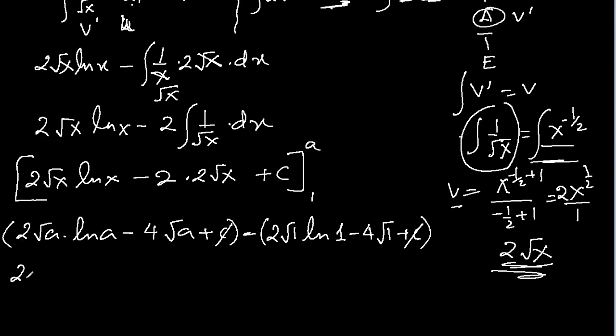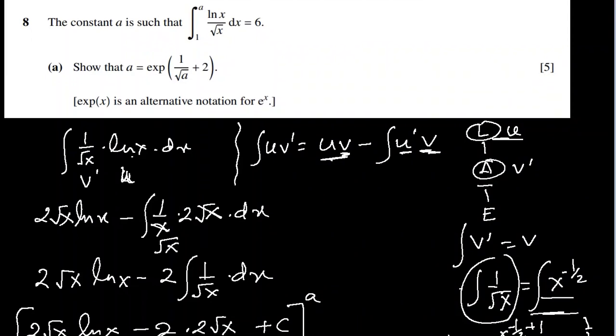This becomes 2 square root a ln a minus 4 square root a minus, ln 1 is 0, so this whole thing becomes 0, so no need to go further in that, but this is there. This will be negative 4 and this negative will make it plus 4, and this is equal to 6. That's what they gave in the question. It is equal to 6.